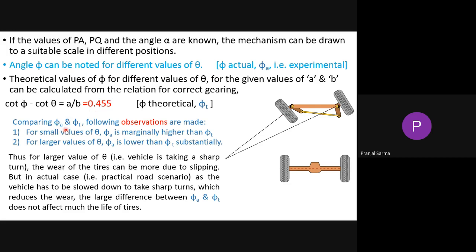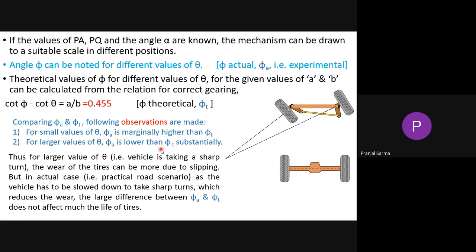Generally, if you consider the actual and theoretical values of phi, for smaller turning the actual value is marginally higher than the theoretical value. But whenever you take larger values of theta, that is sharp turning, then the actual value of phi is lower than the theoretical and substantial. That means some problem.